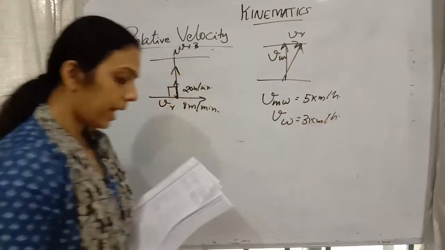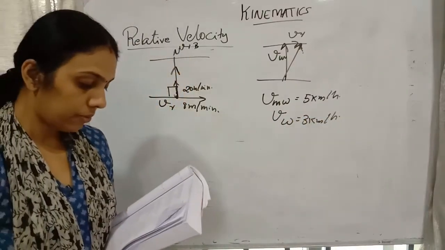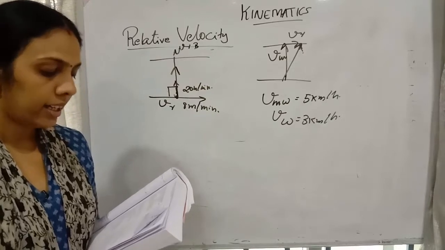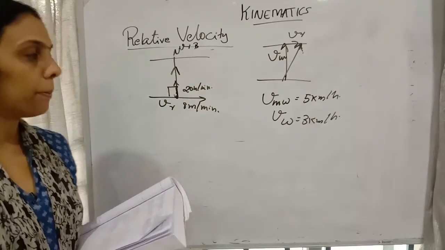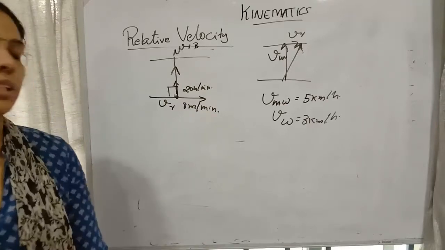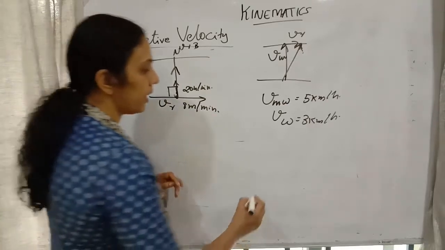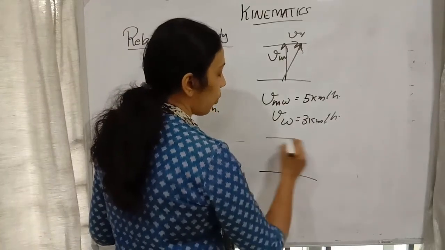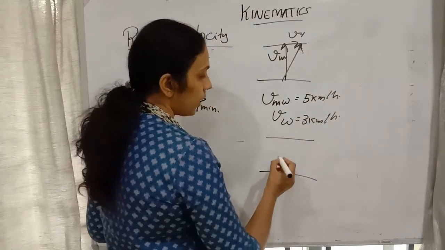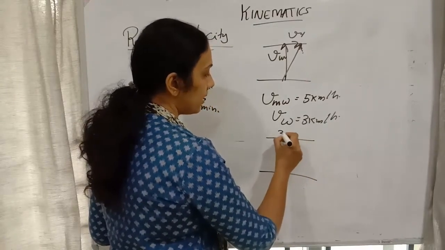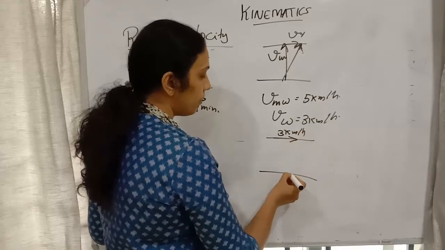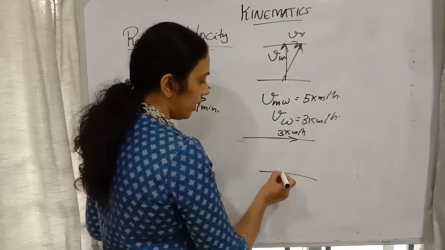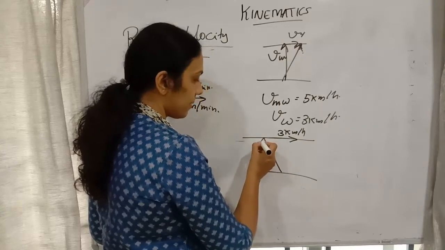At what angle to the river flow should he head if he wants to reach the point on the other bank directly opposite to the starting point? So from the river bank, at what angle should he head? The velocity of water is given as 3 kilometer per hour. And the man will be moving with the speed of, see, he should make an angle like this.